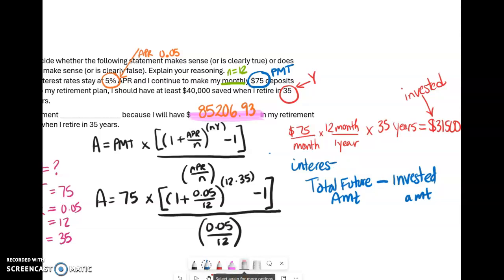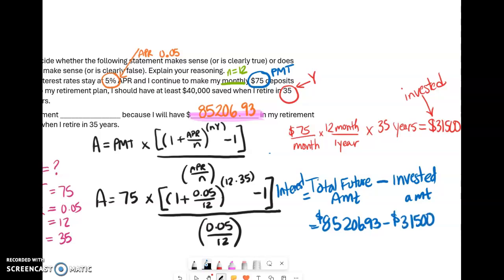And what's left would be the interest that it earned. So the future amount would be 85,206.93, and I invested 31,500. If you want to know how much was earned in interest, subtract the amount you invested off the total future amount. And for this one, I end up with 53,706.93.